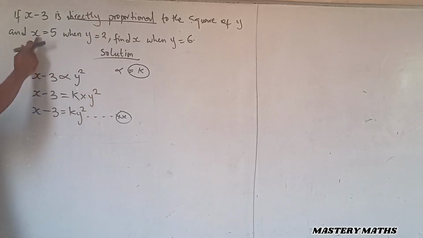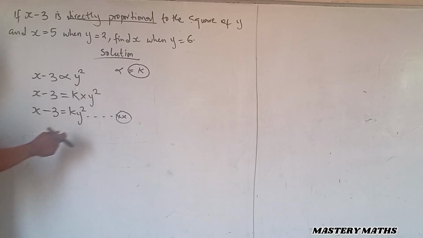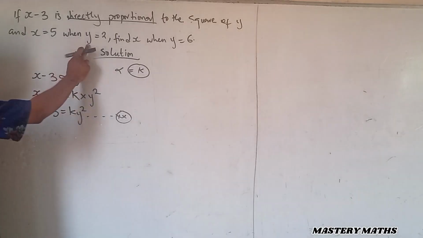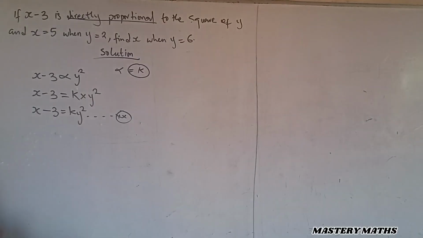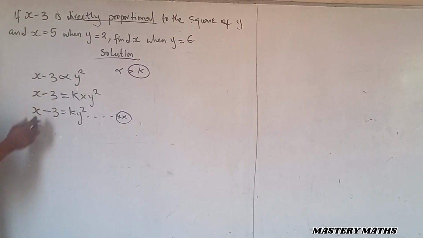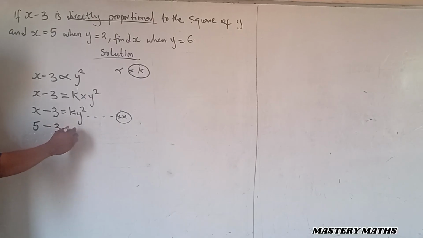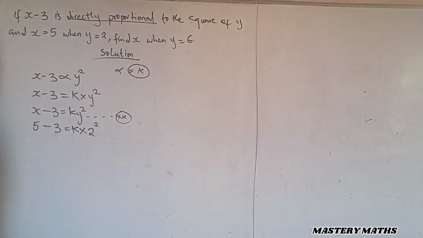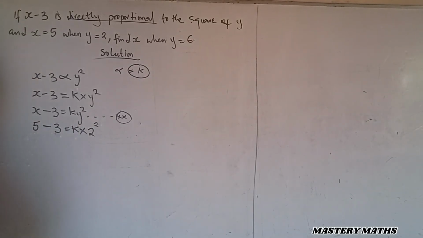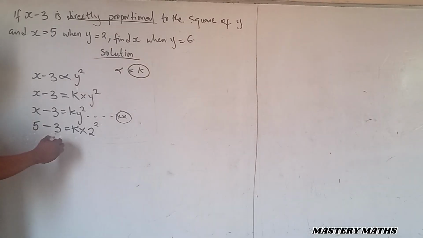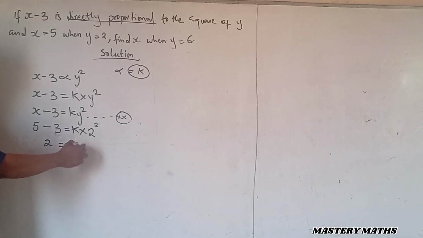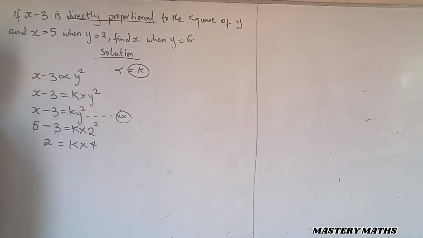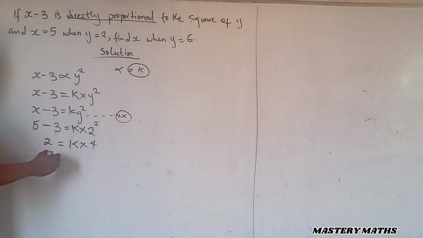So anywhere you see x, you put 5, and anywhere you have y, replace it with 2. So 5 minus 3 equal to k times 2 raised to the power 2. 5 minus 3 gives us 2, equal to k times 2 squared, which is 4. So it will be 2 equal to 4k.